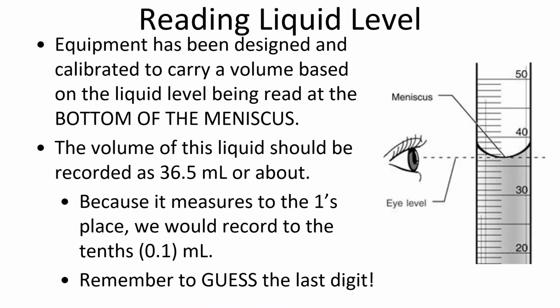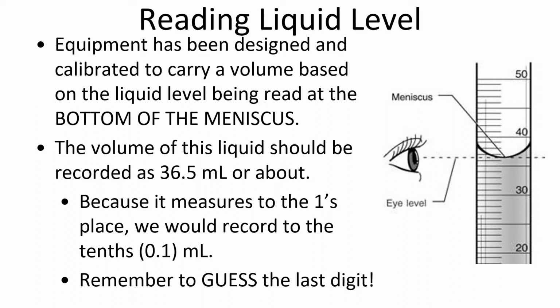You also need to interpolate with different types of measuring devices, such as graduated cylinders. This type of equipment has been designed and calibrated to carry a volume based on the liquid level reading at the bottom of the meniscus. So when you go to interpolate a graduated cylinder, you need to make sure that you get at eye level and measure from the bottom of the meniscus.